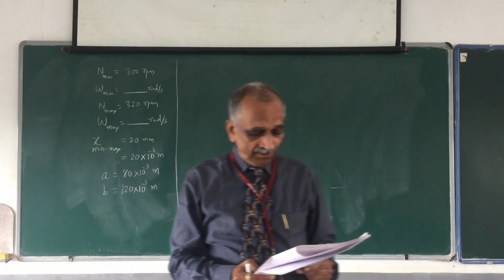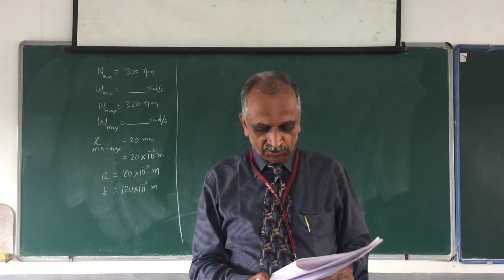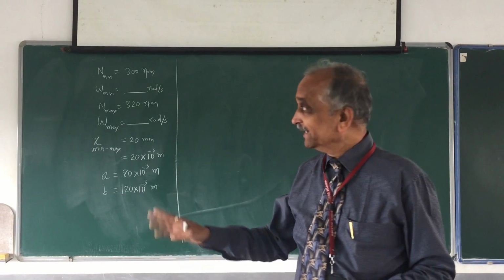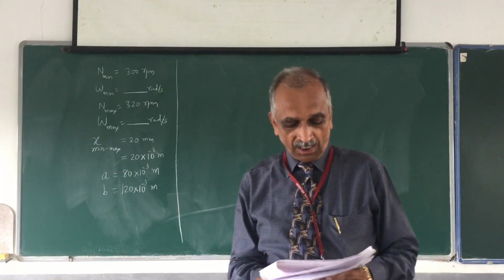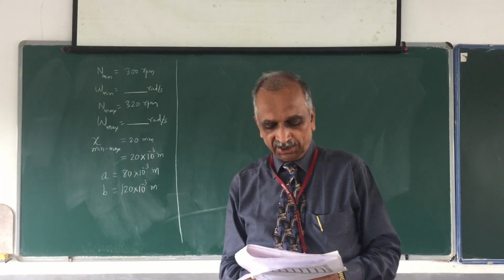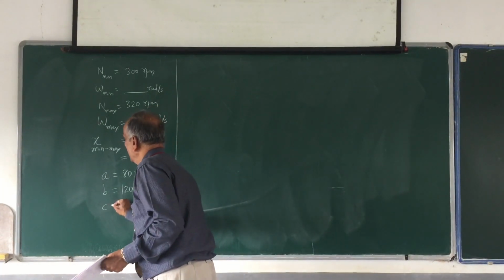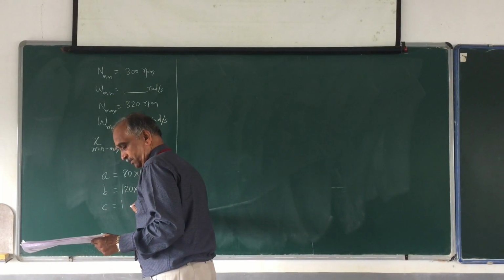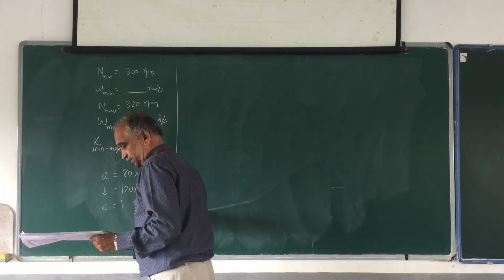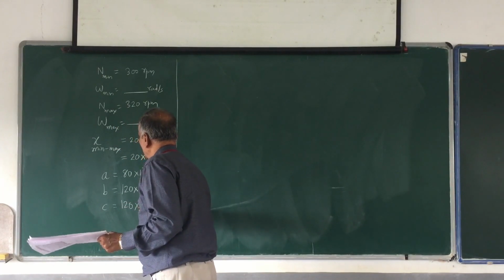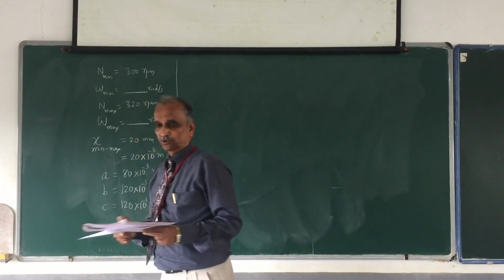Okay. The next sentence, the bell crank levers are pivoted at 120 mm from the governor axis. This is nothing but C. C is 120 into 10 raised to minus 3 meters.